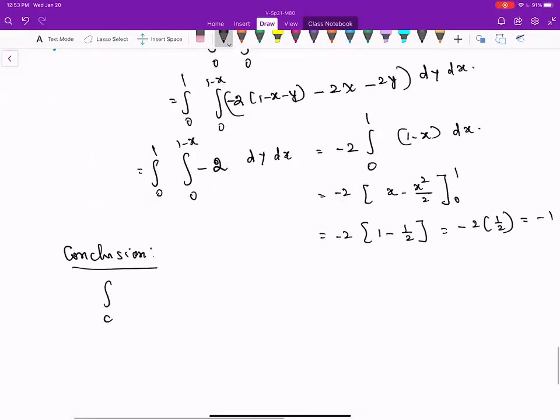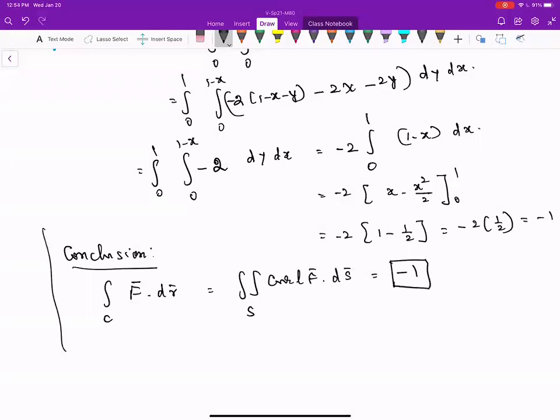So we say integral over C F dot dr by Stokes' theorem is double integral over S curl F dot dS, which we evaluated taking into account all the requirements in Stokes' theorem regarding positive orientation and all that. We got this value -1.